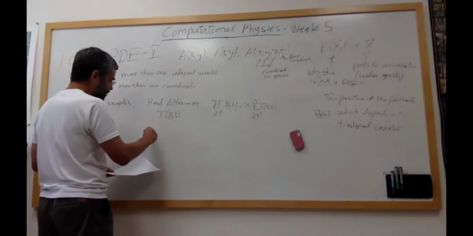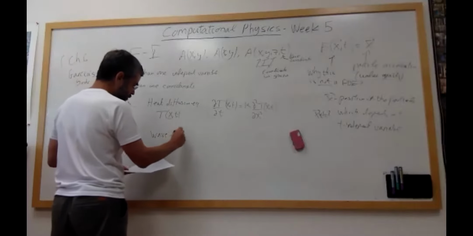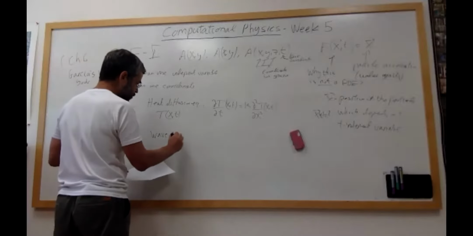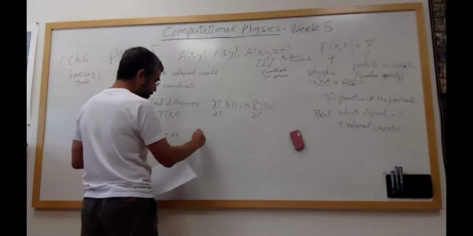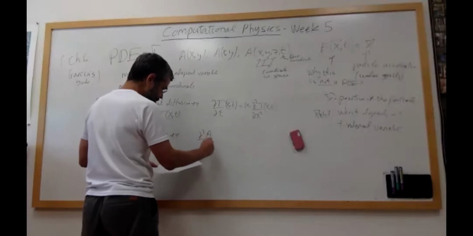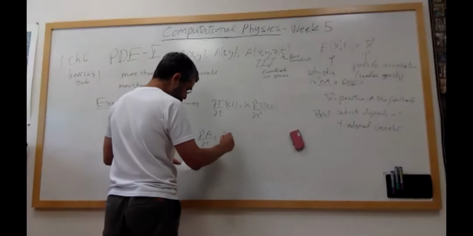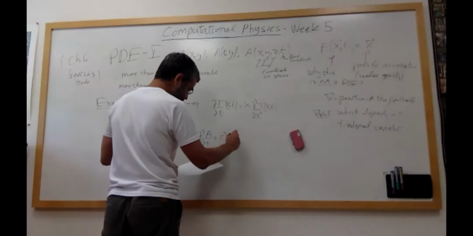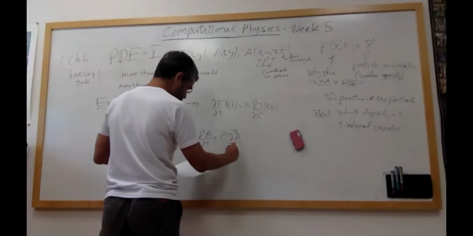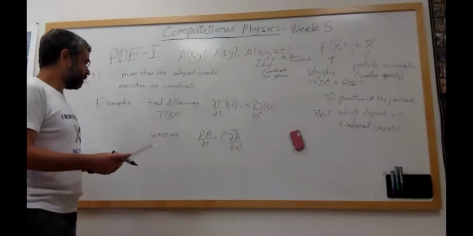We can have the wave equation, where the second derivative in time is some coefficient, which is the velocity squared, times the second derivative in space.